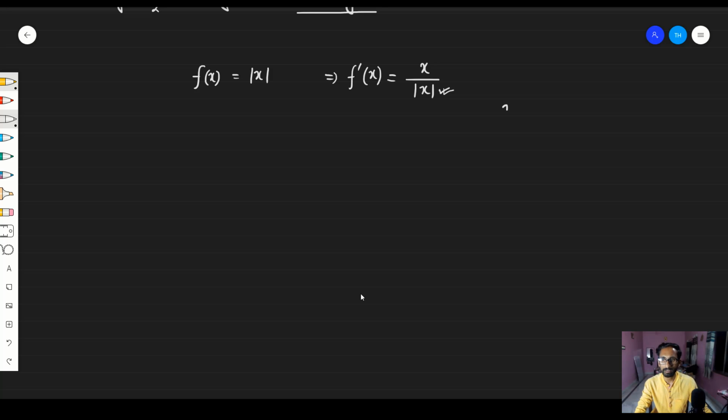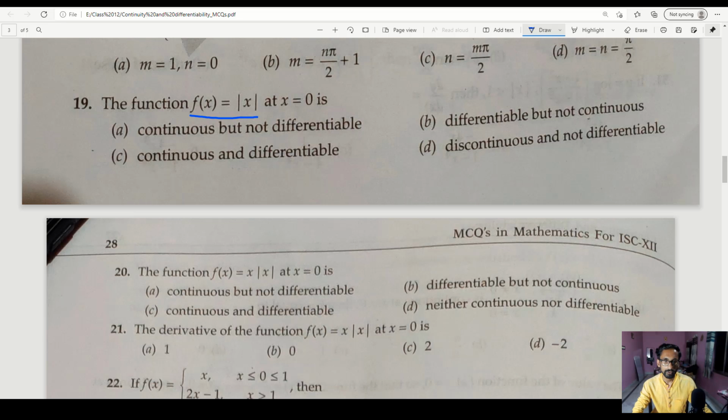Now if we consider x equals 0, then f dash x is going to be undefined. Not exactly undefined, it is going to be the indeterminate form 0 by 0. So we can't differentiate this given function when x is 0. So at x equals 0, the function is continuous, but it is not differentiable. So in this case, option A is the correct answer.